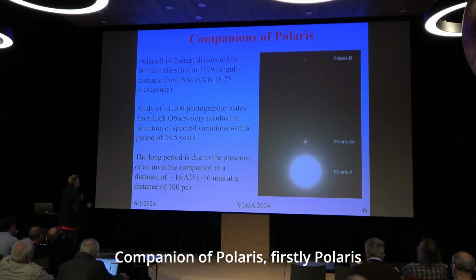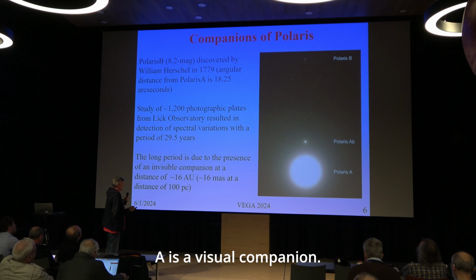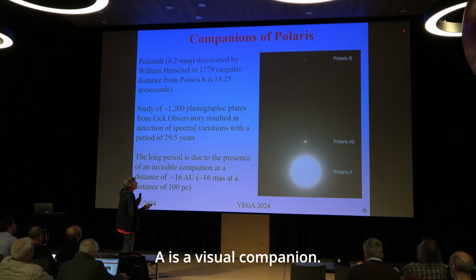Companions of Polaris. Firstly, Polaris B is a visual companion.